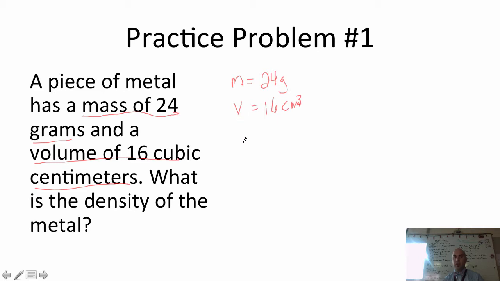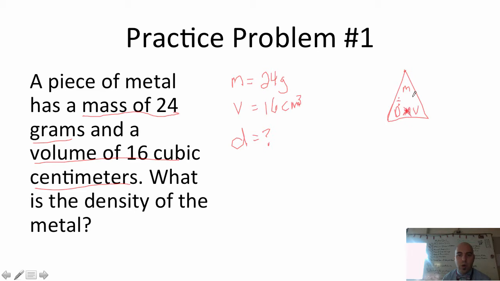What don't I know, Kyle? Or what am I trying to find? I'm trying to find the density. Okay, so I'm going to put D equals, and then just a little question mark. Now go back to the triangle. So density, and what was up top? Mass, volume, and it was times.